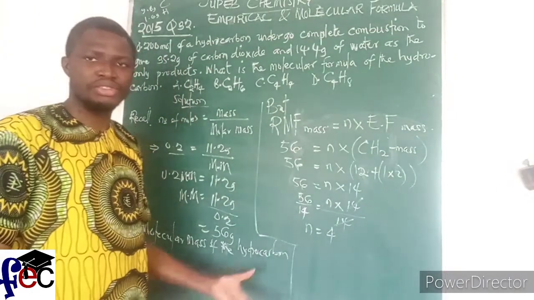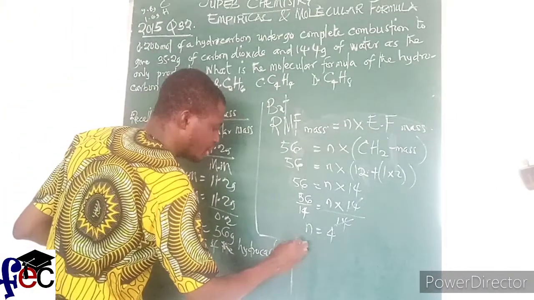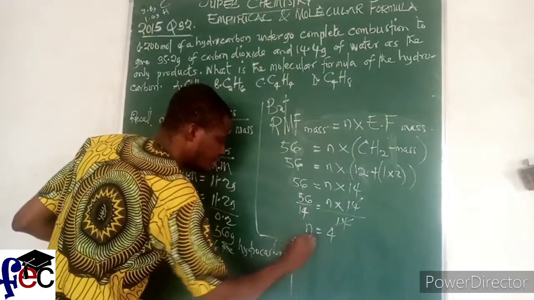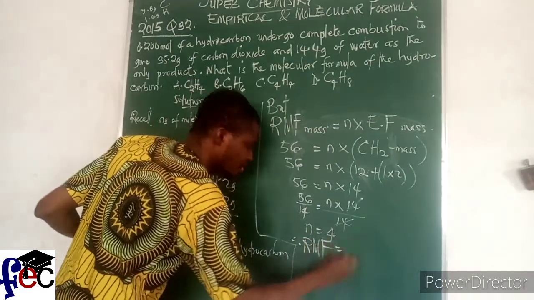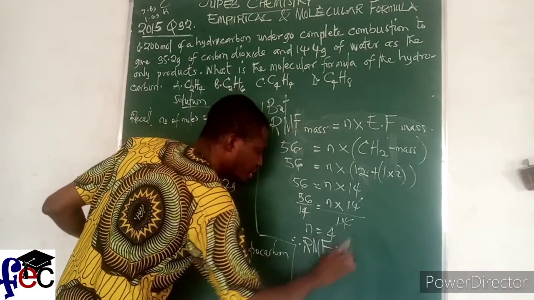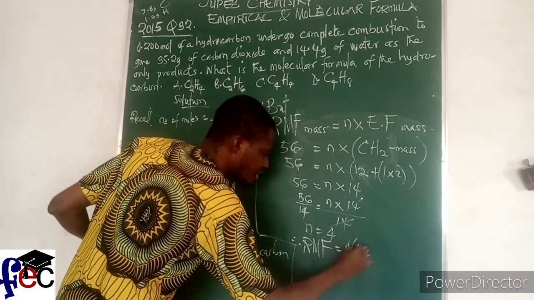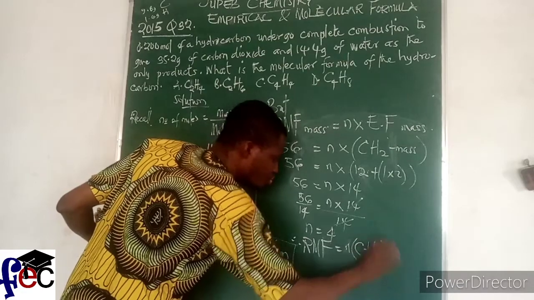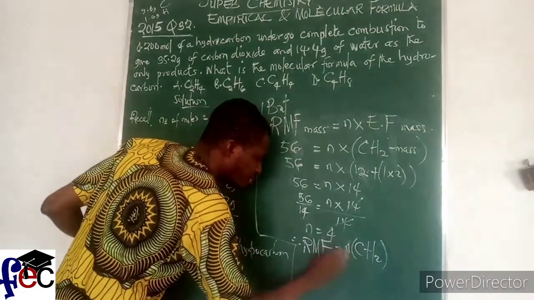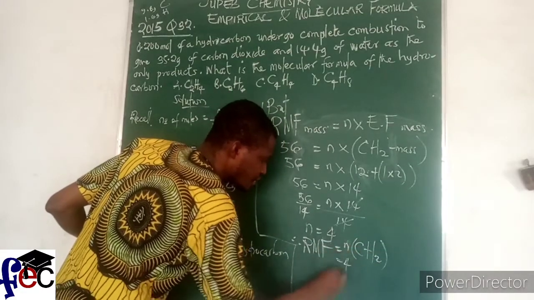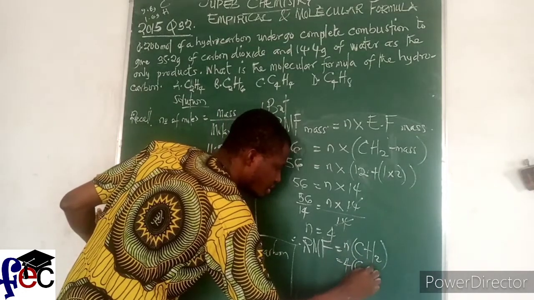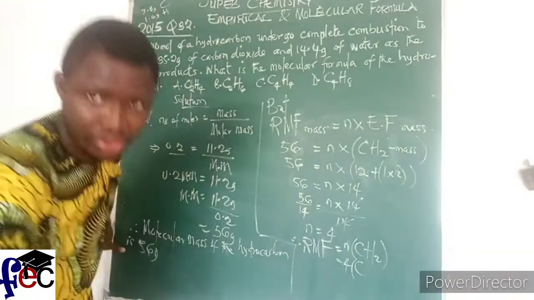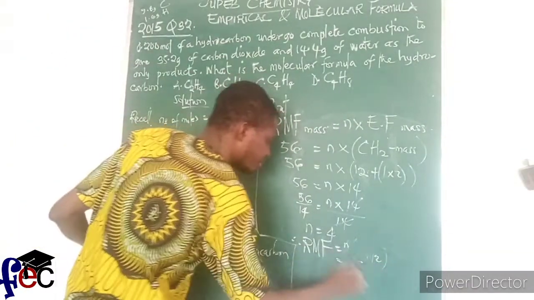Don't now jubilate. So what is now the relative molecular formula? Therefore, the relative molecular formula is going to be equal to 4, which is N, times CH2. You can see it this way so that you will understand.